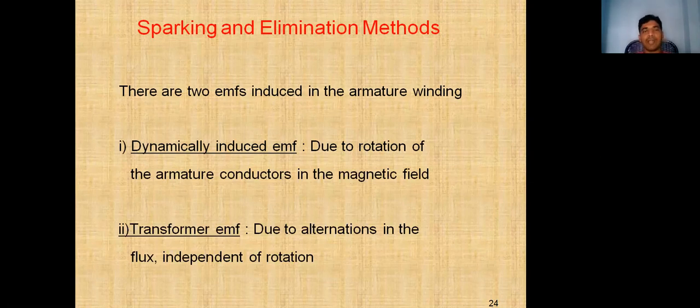One is dynamically induced EMF due to rotation of the armature conductors in the magnetic field, and the other is transformer EMF due to alternations in the flux, independent of rotation.